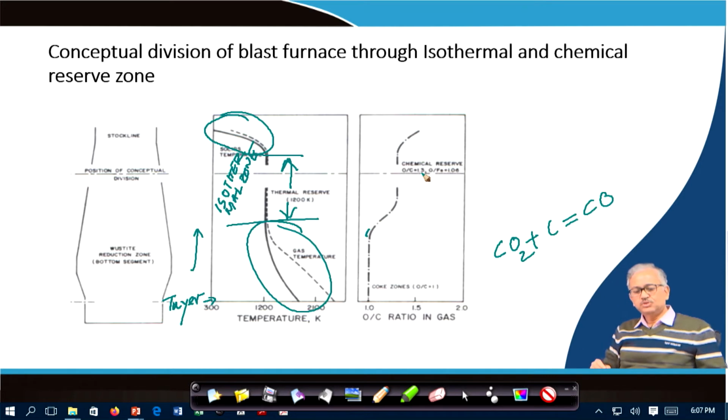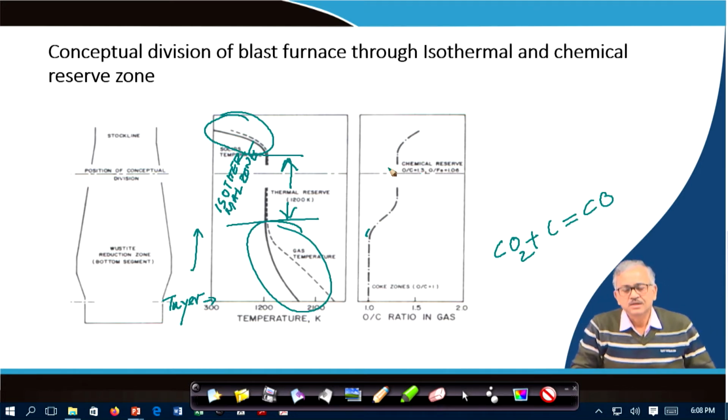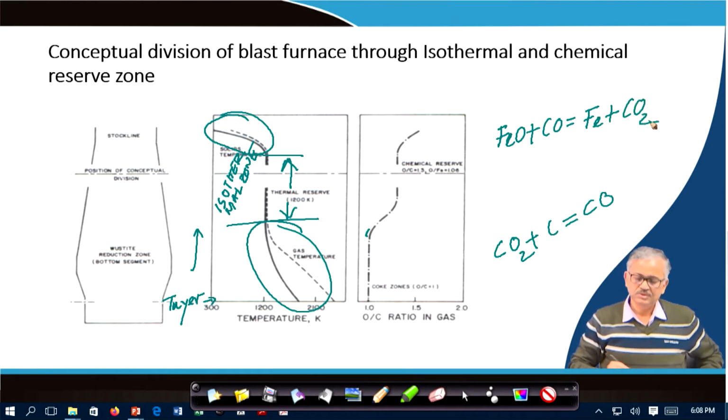It is constant. What does it mean? Basically, here this reaction comes into equilibrium, that is FeO plus CO forming Fe plus CO2.